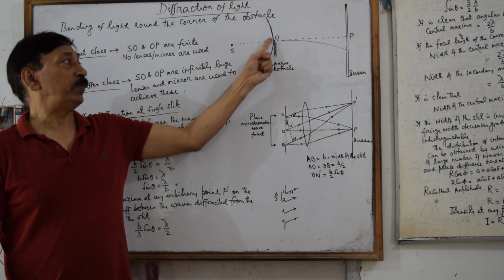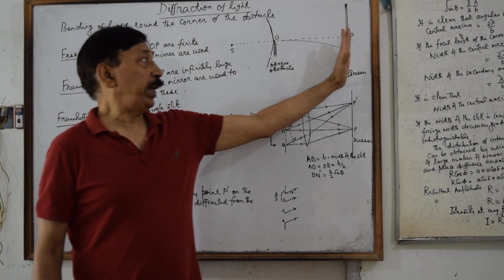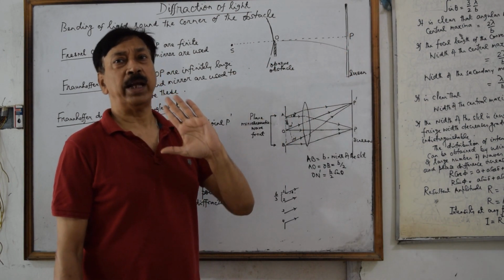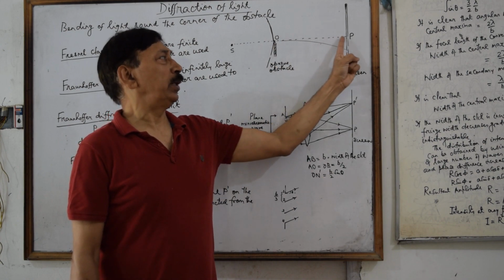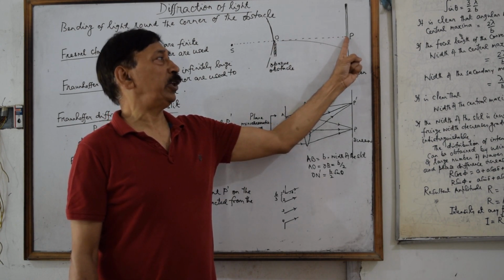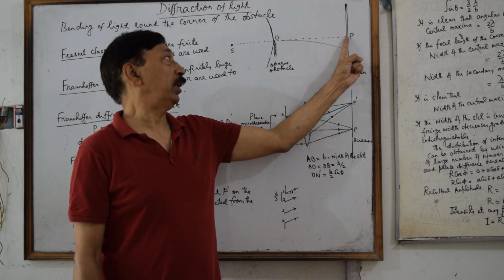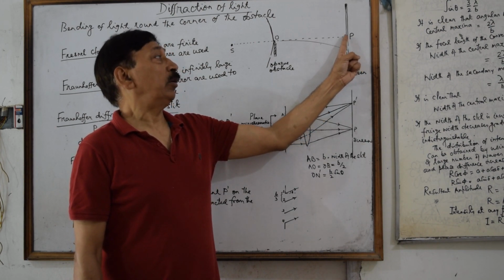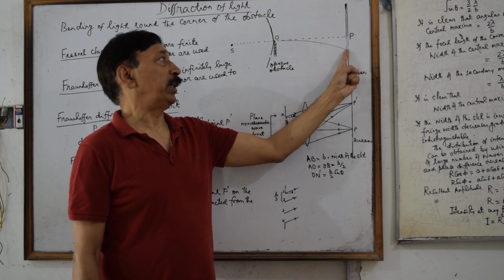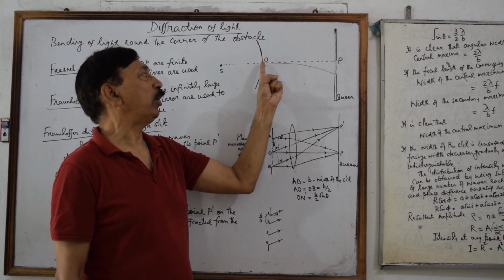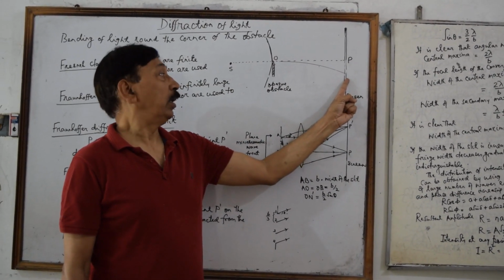Wavefront from the light wave strikes the obstacle. We have the screen here. If you go by rectilinear propagation of light, we shouldn't observe illumination in this region below the central point on the screen. But we do observe illumination in this region. This could be due to the bending of light at this point, as has been shown here.